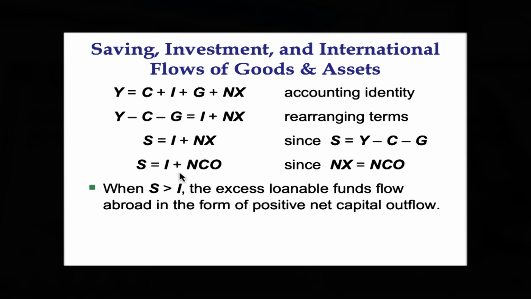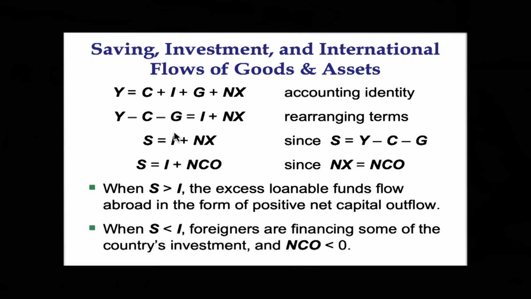It means that within the domestic economy, there remain some investable surpluses. So the total amount of savings is not invested domestically. There is a surplus of the savings which can be invested abroad and which can contribute to foreign exchange, because that is how NCO can be positive.